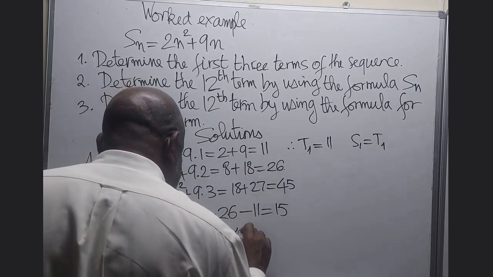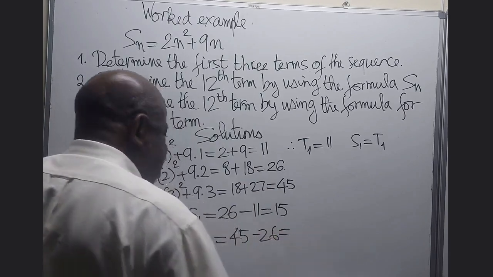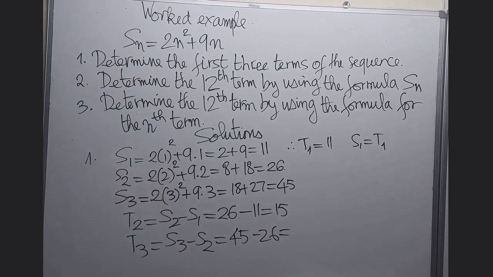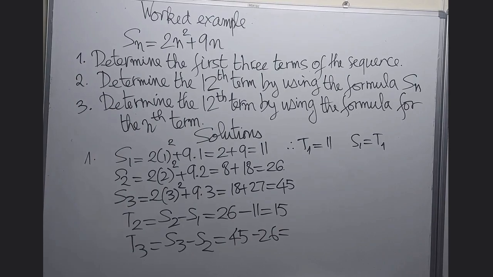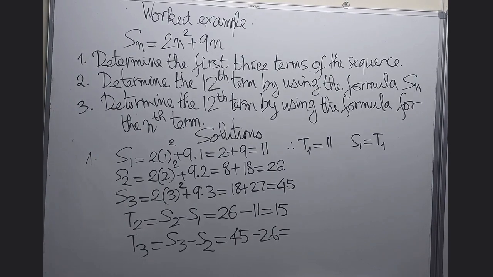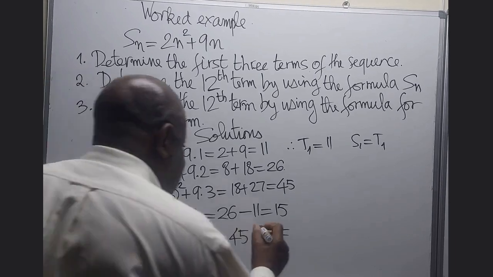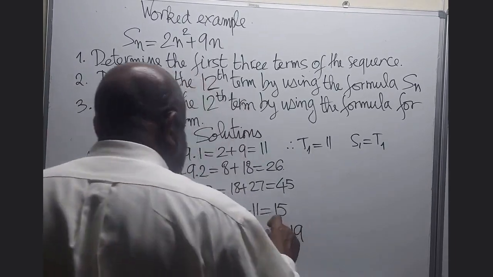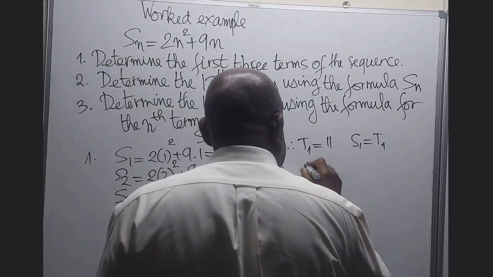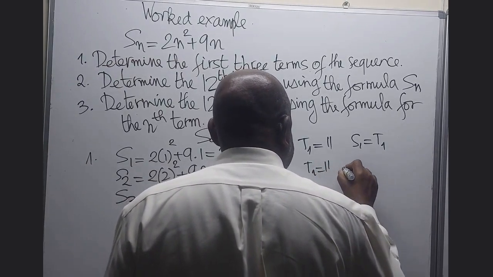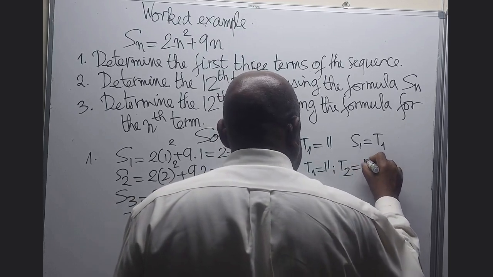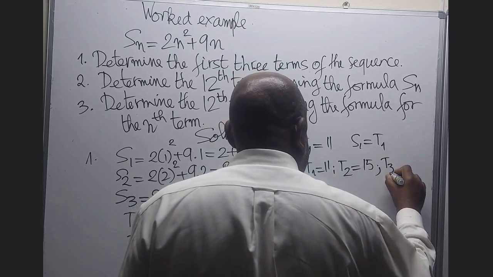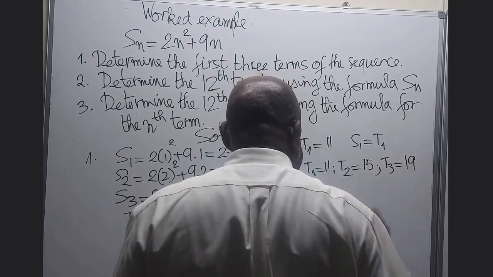So it will be 45 minus 26, which must be 19. Let's just check. 45 minus 26, we get 19. So here, T1 is 11 and T2 is 15 and T3 is equal to 19.